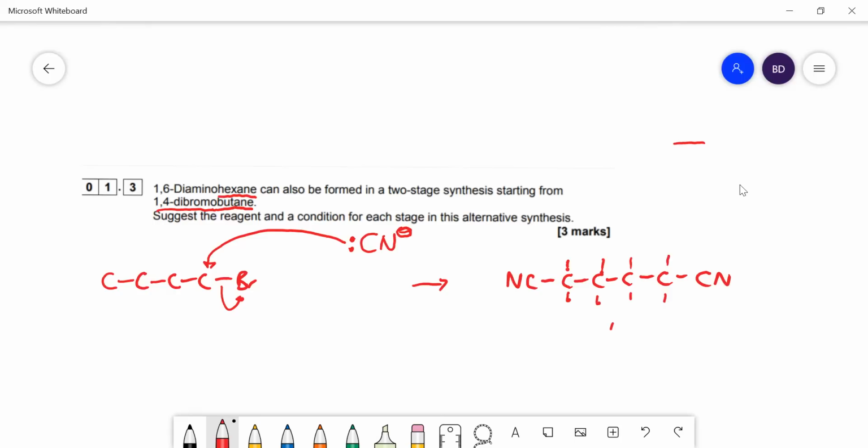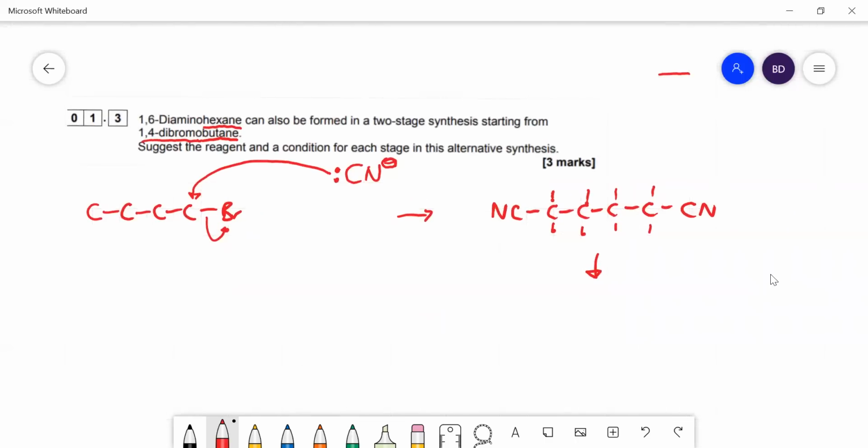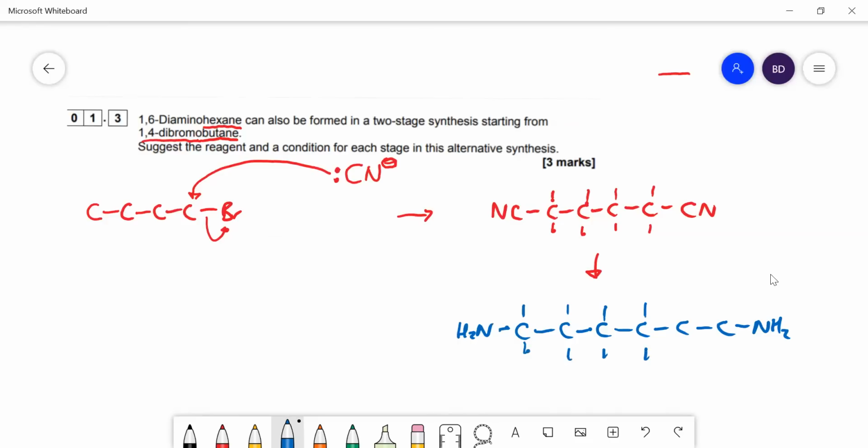And we have then got to reduce that into the final product. So we're going to have 6 carbons with an NH2 on each end. Right, now we can see there that that is a reduction because we've actually added quite a lot of extra hydrogens there.